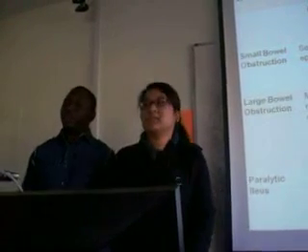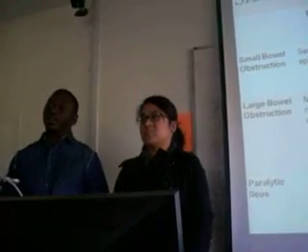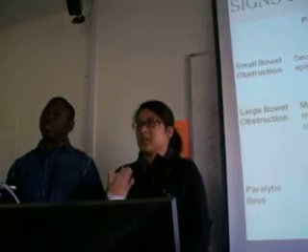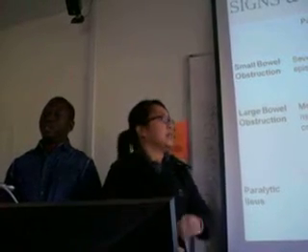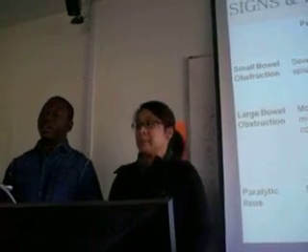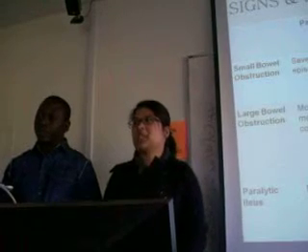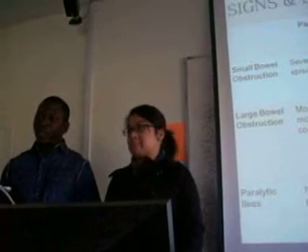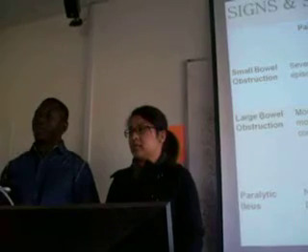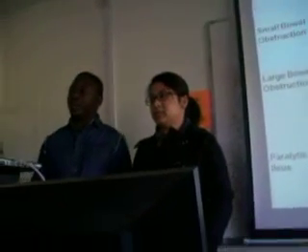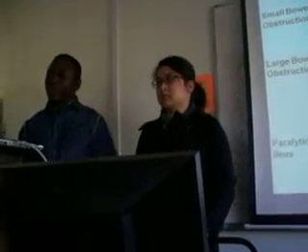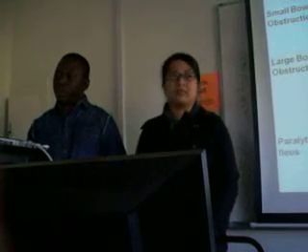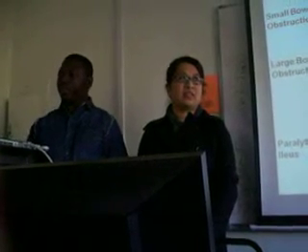Signs and symptoms: in small bowel and large bowel obstruction and paralytic ileus, pain is severe and episodic in small bowel obstruction, moderate and more continuous in large bowel obstruction, and not prominent in paralytic ileus. Vomiting occurs early and may be projectile, and may contain fecal matter.